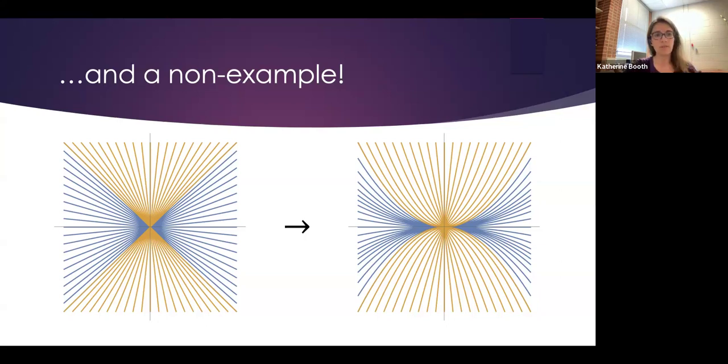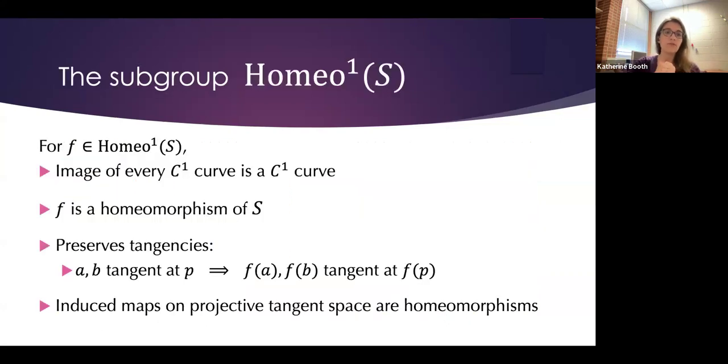So there were a couple of examples, but overall, what does Homeo_1 have? There are a few properties that Homeo_1 has. First of all, the image of every C1 curve is a C1 curve, as I've been saying, because it's an automorphism of our C1 curve graph. Secondly, it is a homeomorphism of S. Third, it's going to preserve tangencies. And what I mean by that is if I have 2 curves A and B that are tangent at a point P, then their images f(A) and f(B) are going to have to be tangent at f(P).